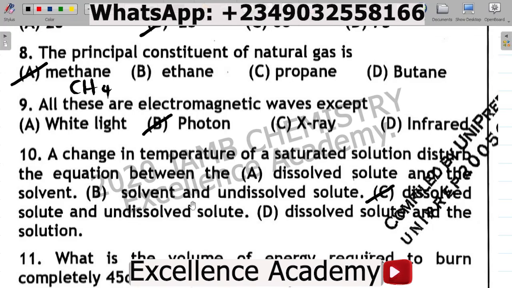You want to take note that temperature plays a vital role in equilibrium and the solubility of liquid. So therefore, a change in temperature of a saturated solution will alter the equilibrium between the dissolved and undissolved solutes. So that's your correct answer. Take note of this.